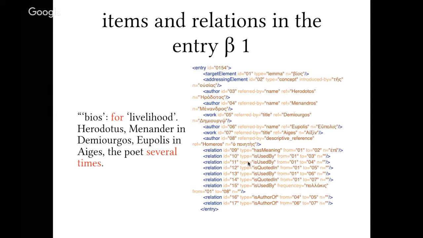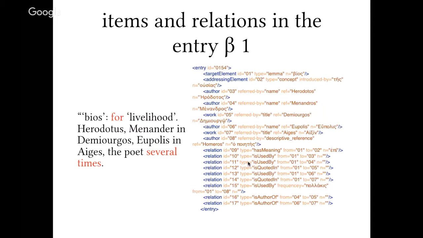In the part of relations, I try to explain what these stand for and explicitly annotate it as has meaning. So the target element has the meaning of the addressing element.